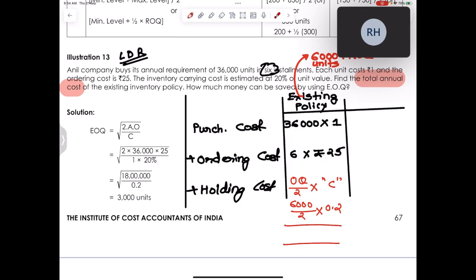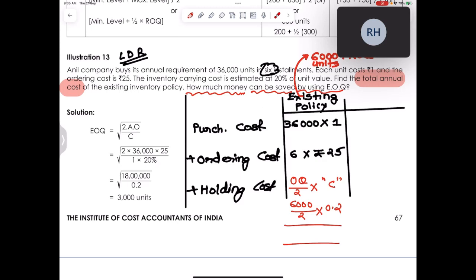Now, the second requirement part of the question is how much money can be saved by using the EOQ. अगर आप EOQ method लगा लेते, if you applied the EOQ method to determine the quantity to be ordered at a time, then what will be the total annual cost?